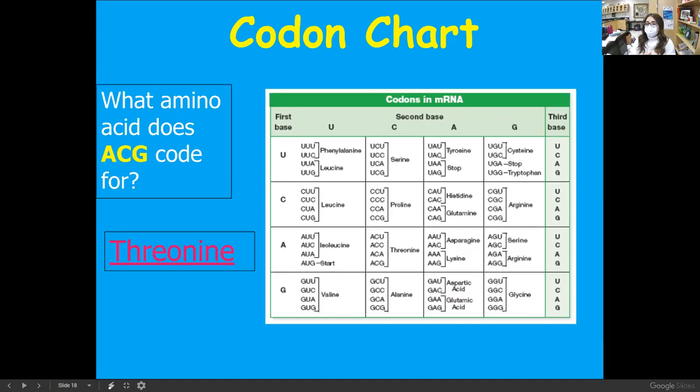I don't know how you say it. Tomato is one of those things. Most of the time with amino acid sequences, you only write the first 3 or 4 letters anyways. So it's completely fine. No one is going to look at you funny if you say any of these wrong or right. It doesn't matter. So again, left, top, right, where they all meet is going to give you your amino acid.